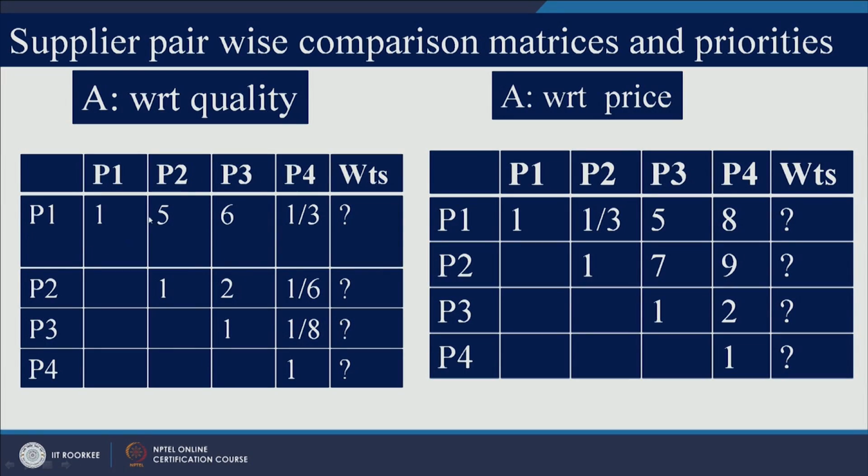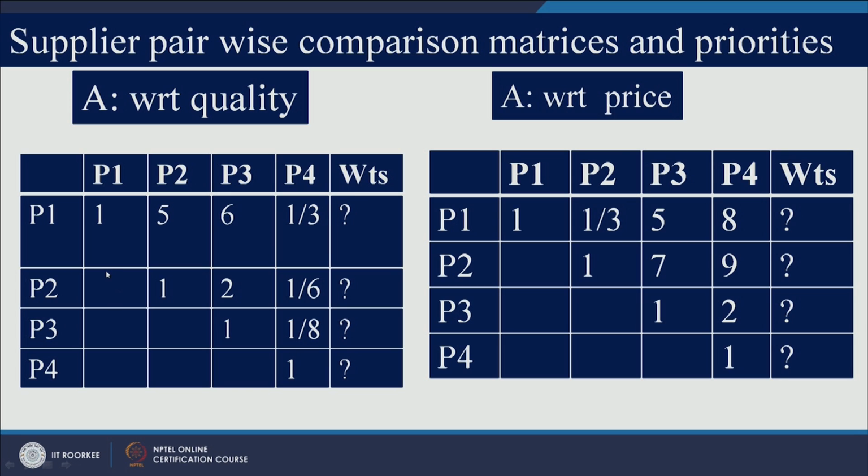If you ask an expert how important the quality of project P2 is compared to P1, the expert says the quality of project P2 is 5 times as important as the quality of project P1. The quality of P3 project is 6 times as important as the quality of P1 project, and so on.